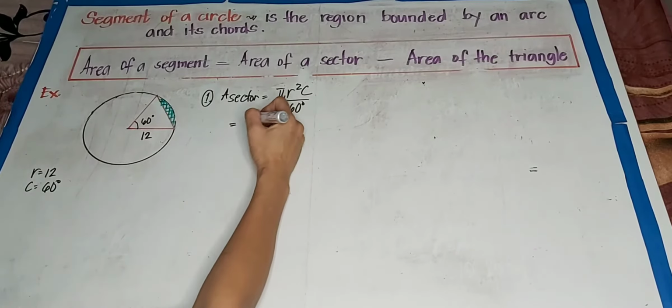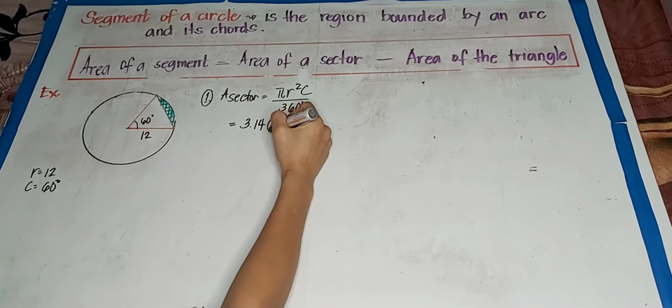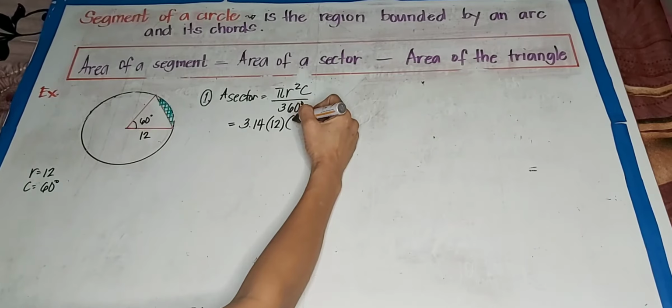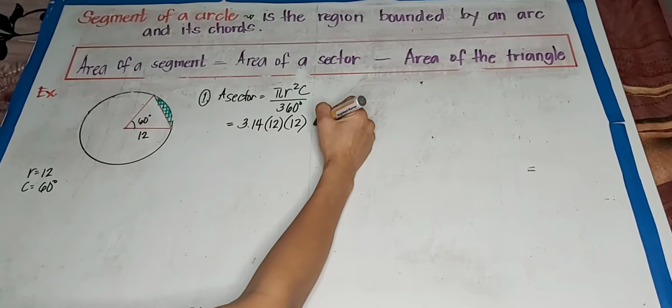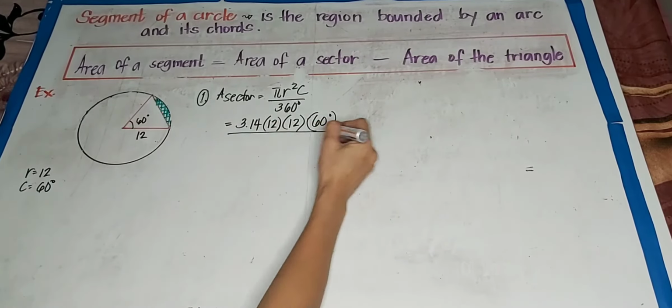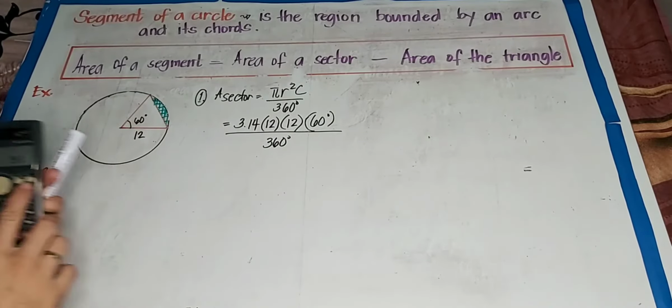So, supply ko lang yung value na meron tayo. So, again, yung pi ay 3.14. Our radius is 12. Squared siya, so pwedeng 12 squared or 12 times 12. And then, our C is 60 degrees, divided by 360 degrees. Calculate tayo.